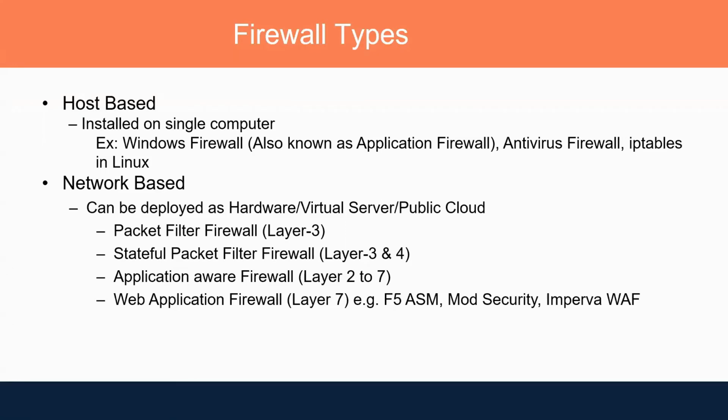But if I talk about the historical firewall, meaning when the firewall trend began, at that time there was the layer 3 firewall, which was filtering the packet based on the source IP and destination IP. And after that, another evolution happened in firewall technology, and then the stateful packet filtering firewall came into the picture.